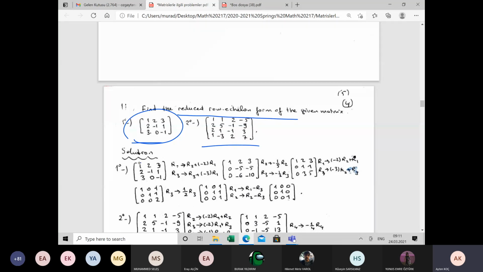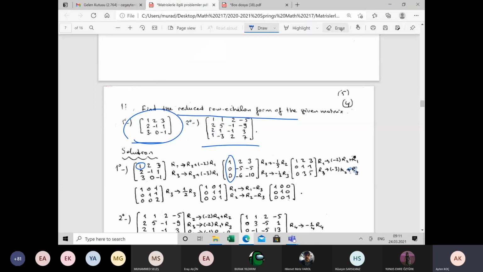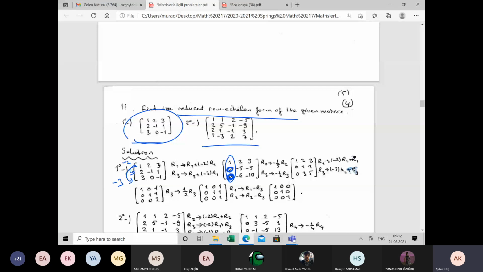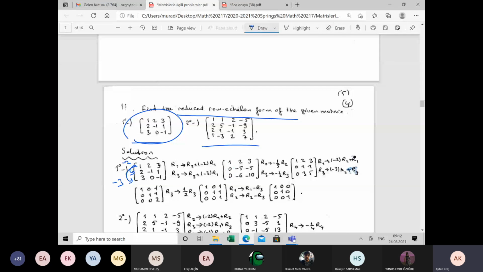The leading entry is 1, and our aim is to get a 1 0 0 column. How to get 0 here? Take the leading one, multiply by -2, and add to the second row. And to get 0 in this position, take the leading one, multiply by -3. Apply this operation. The first row stays the same, 1 2 3.